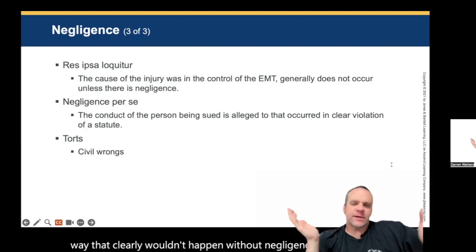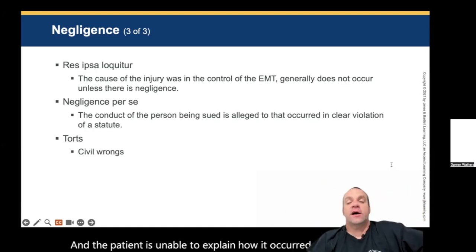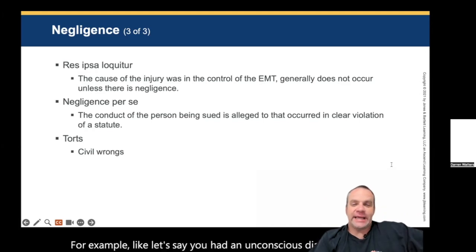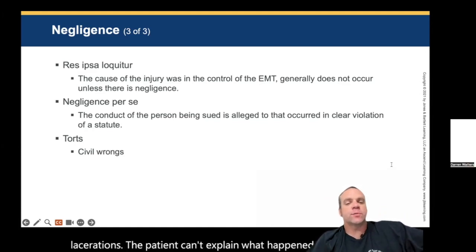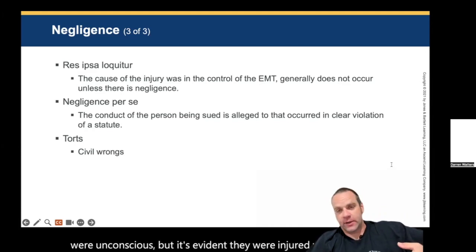Okay. For example, let's say you had an unconscious diabetic patient who is dropped during a stretcher transfer and sustained facial lacerations. The patient can't explain what happened because they were unconscious, but it's evident they were injured while in your care. Okay, that alone might be enough to establish liability.